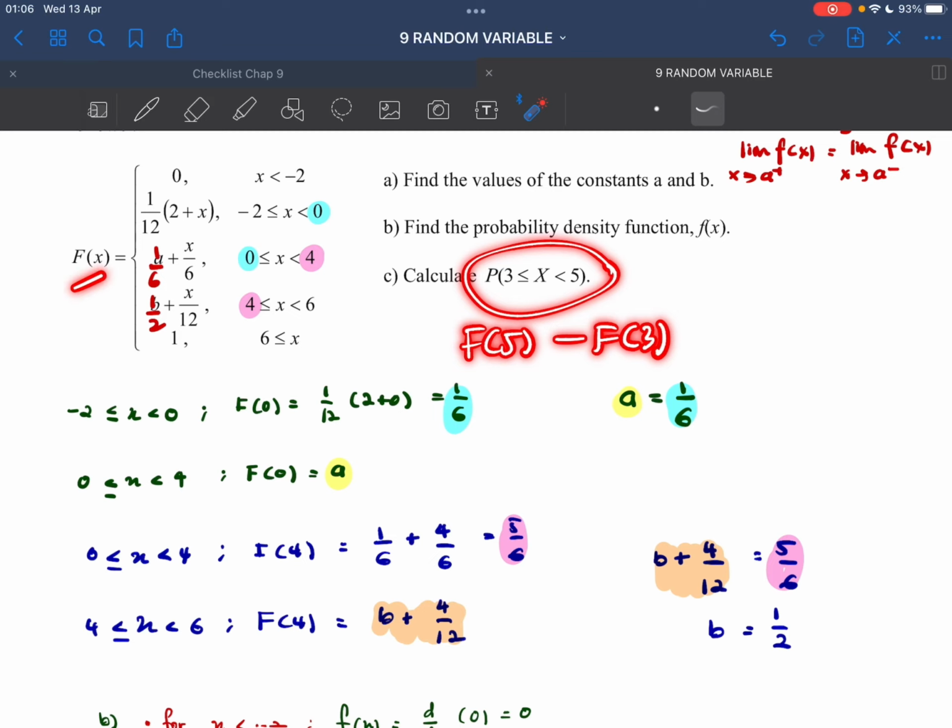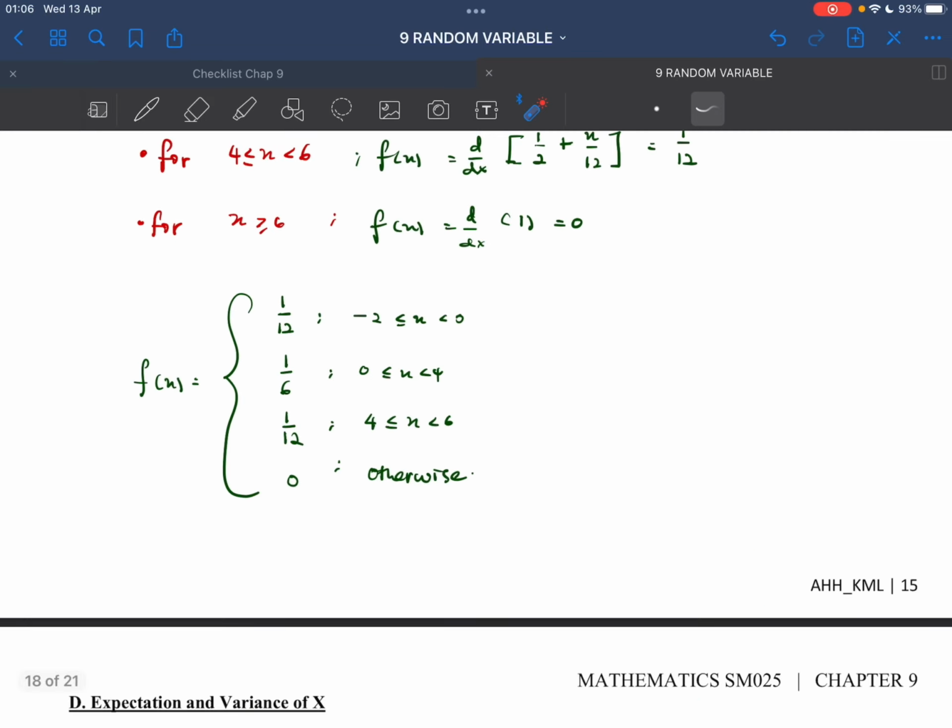So to find P(3 ≤ X ≤ 5), remember the equal sign doesn't matter, this will straight turn into F(5) minus F(3). You don't have to integrate, you don't have to use the PDF. Just use what's given in the question.